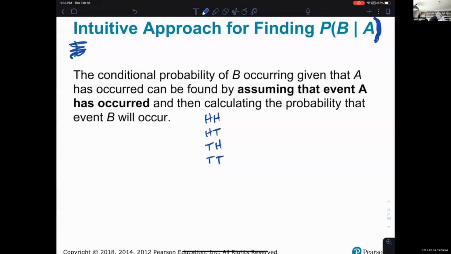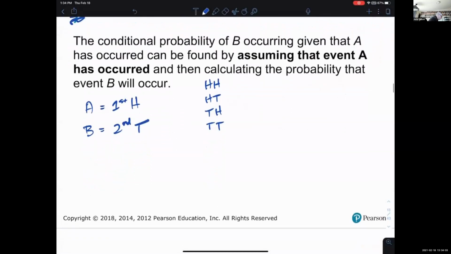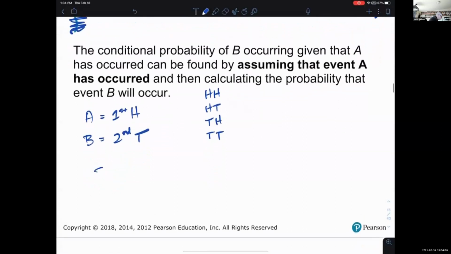So let's say A is first toss was heads, and B is the second toss was tails. So if I write the probability of A, I would look at, of those 4, how many had the first coin toss be a heads?